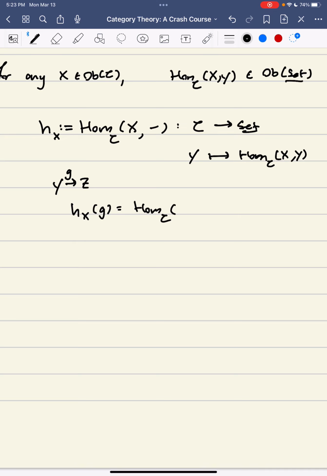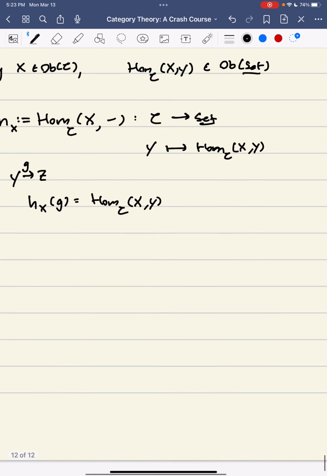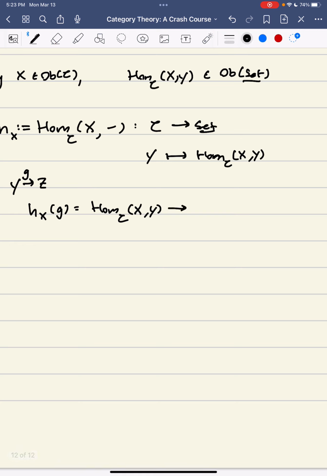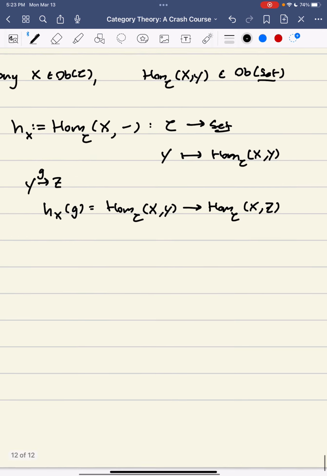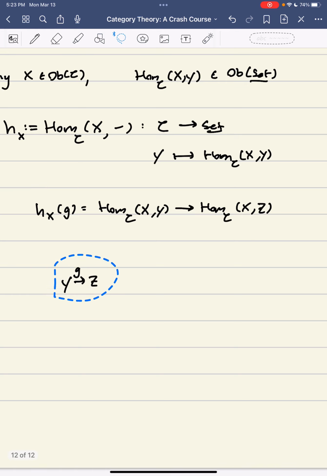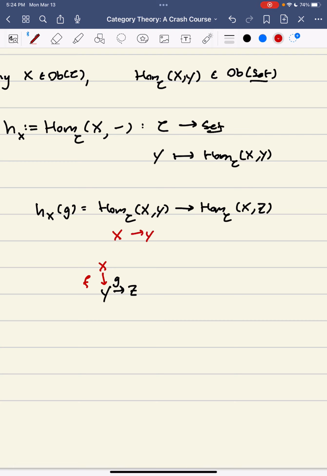This sends a morphism from X to Y to a morphism from X to Z. So if I've got some morphism little f from X to Y, and I want to produce a morphism from X to Z, all I have to do is compose the two.